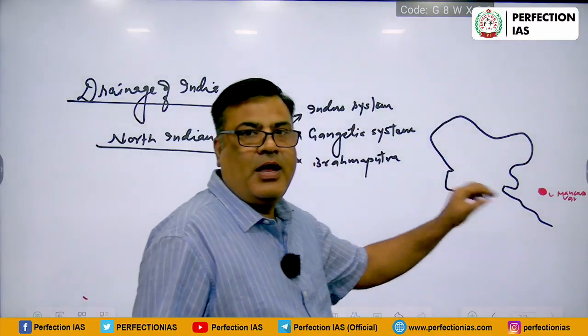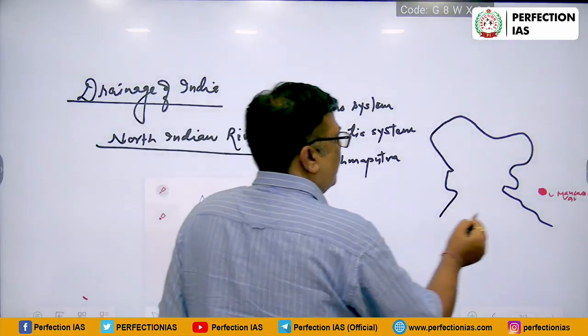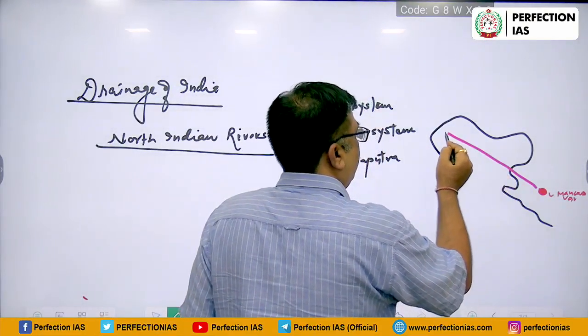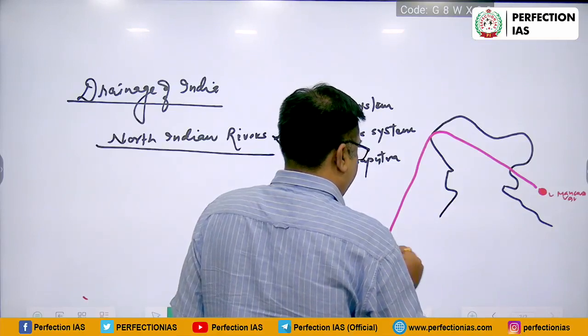And from here the river originates this way, and it comes here and forms its delta.